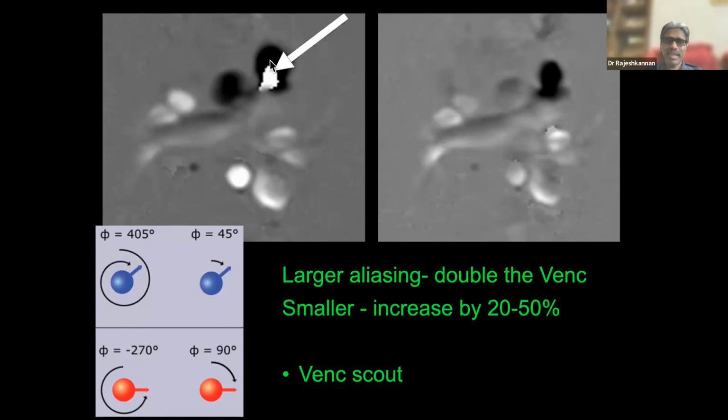Whereas if the aliasing is very small, only a small dot, then even increasing by 10 to 20% may be roughly sufficient. Whereas if the entire vessel is showing aliasing, then you can nearly double the Venc. By using the trial and error method, once we do a few cases, these things can easily be identified. And whenever you have a Venc scout, which some of the vendors are providing, you can use that also.